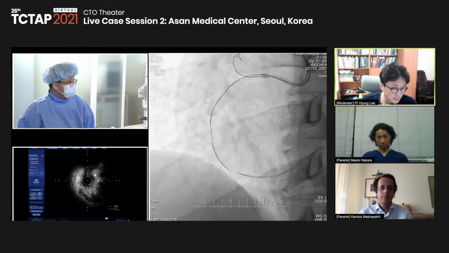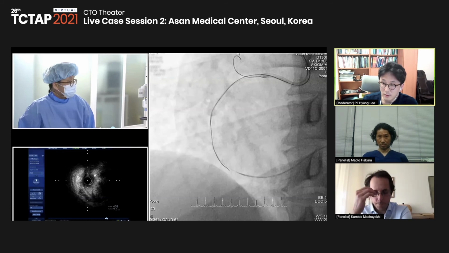I thought that the reverse CART technique, using the balloon anchoring and advancing the retrograde wire, or at least using the rendezvous, would be more efficient. But actually, I made a mistaken decision at this point, which made my procedure about 30 minutes longer.